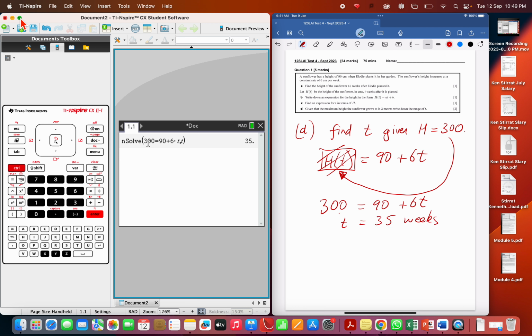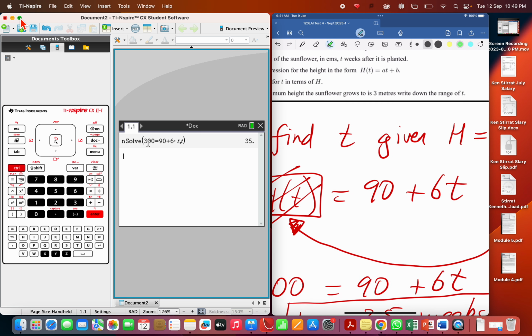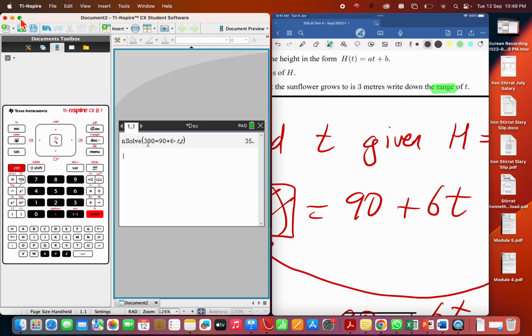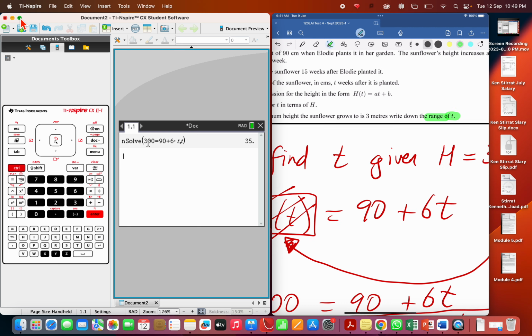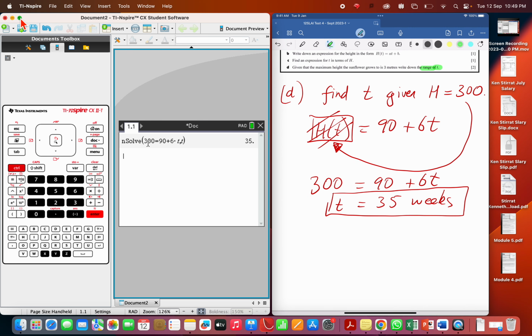Now this question was worded a little bit naughtily, to be honest with you, because look, what it actually tells you is it says write down the range of t. Now that's a bit naughty, because when we draw in our graph, time would be here, and up here would be height, right? Now we usually associate the words domain here and range here.